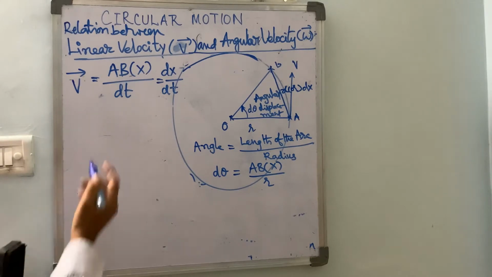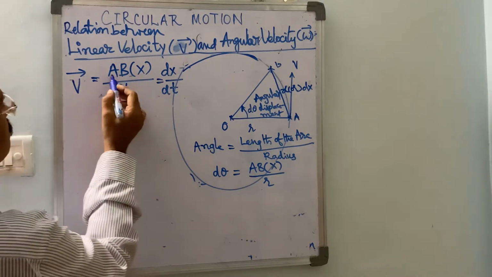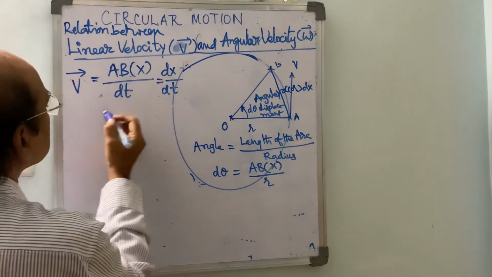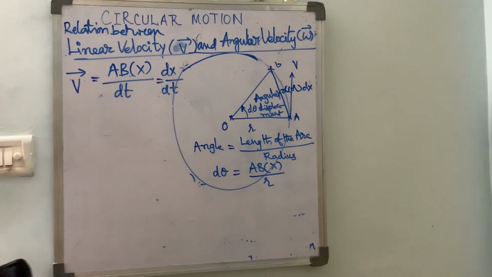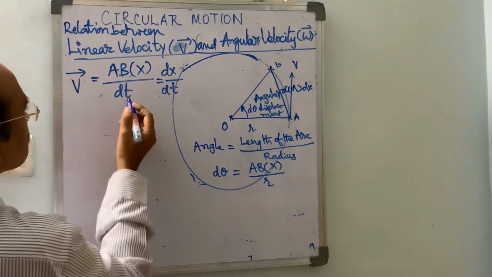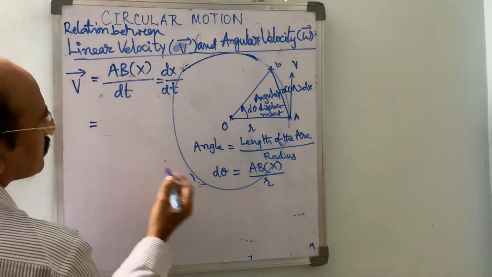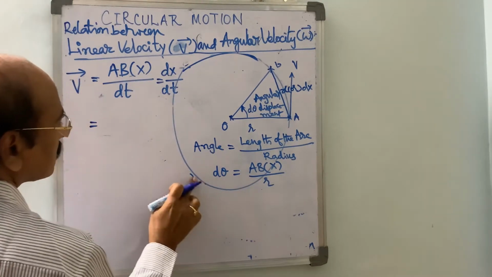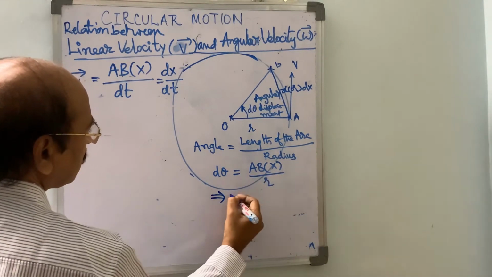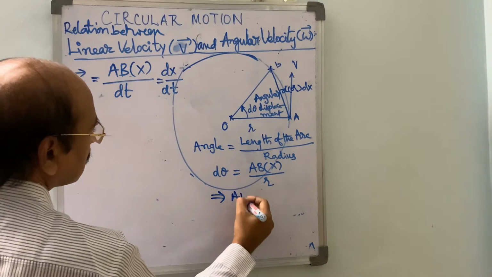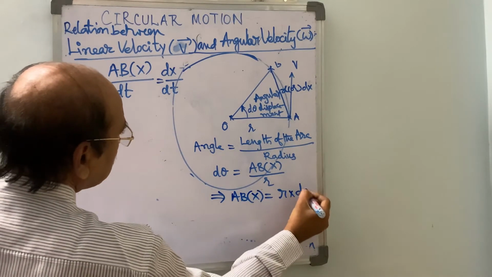So here linear velocity v bar is equal to AB, that is length of the arc, by time. Therefore from this expression, AB length of the arc is r into d theta.